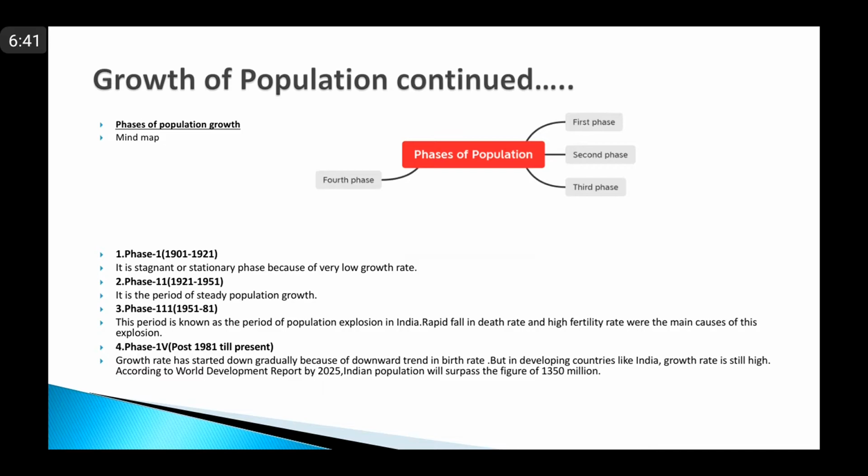There was control over death rate, and different development works led to improvement in quality of life, and improved health and medical facilities led to a rapid fall in death rate.